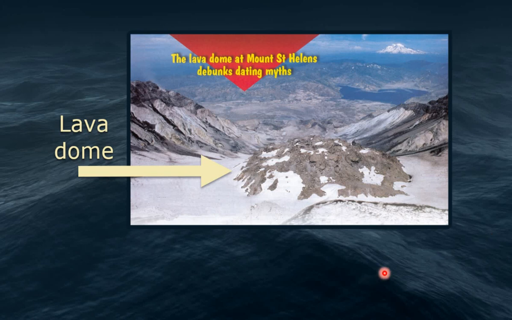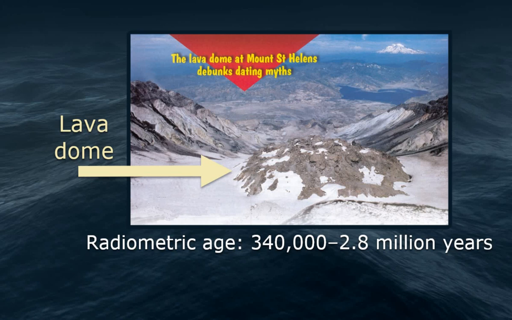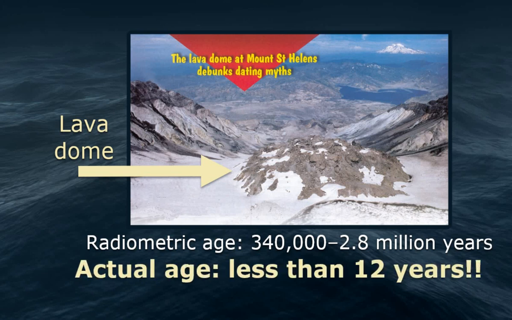And what came back? A radiometric age of anywhere from 340,000 years to 2.8 million years. The actual age was 12 years old, so this demonstrates how inaccurate the radiometric dating is.